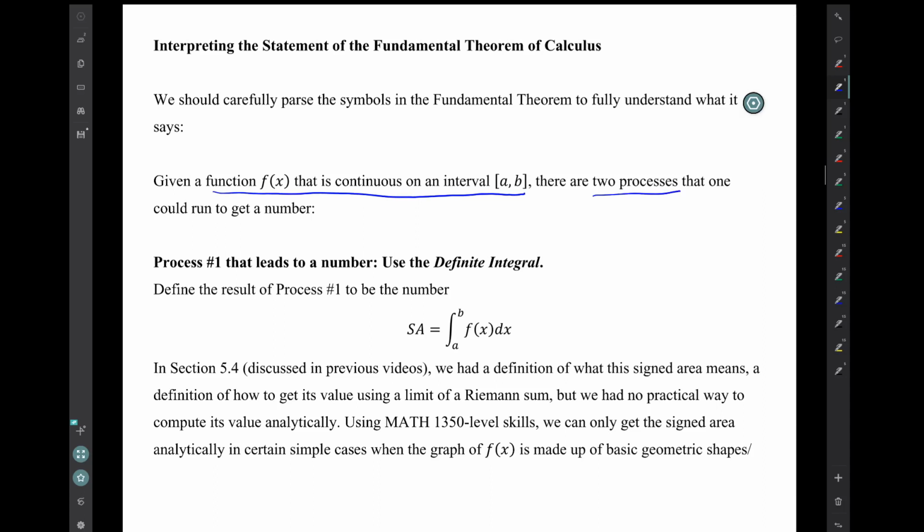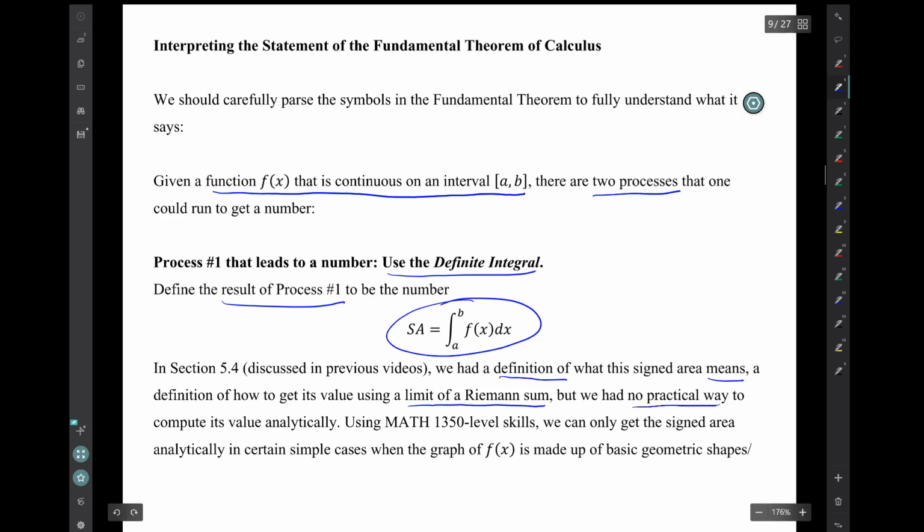Process one that leads to a number is to use the definite integral. We'll define the result of process one to be the number. That's the signed area, which is also called the definite integral and denoted by that integral symbol. Now, as we've discussed, we have a definition of what this signed area means, a definition of how to get its value using a limit of a Riemann sum, but we have no practical way to compute that value analytically using Math 1350 level skills.